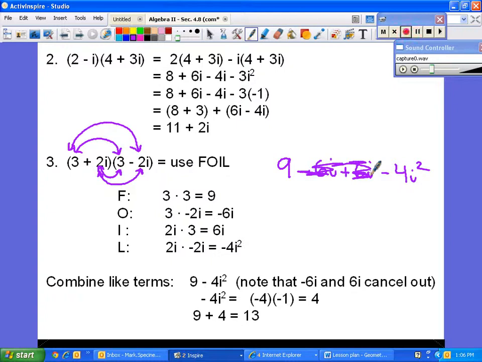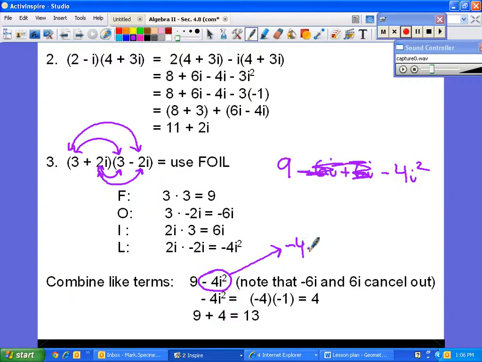Now we go back to what we just talked about because we can simplify this further. Yes, you can multiply a number against i, just like you can multiply a number times a number with x on it. Same thing. So I know that I can take this negative 4i squared and make it negative 4 times i squared.